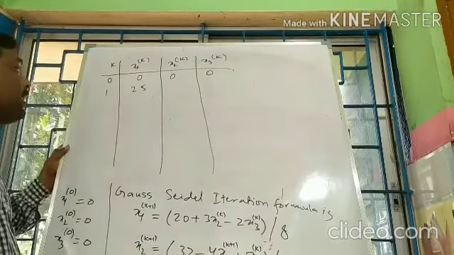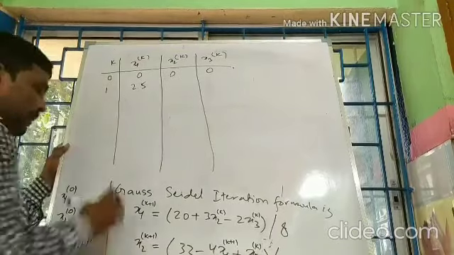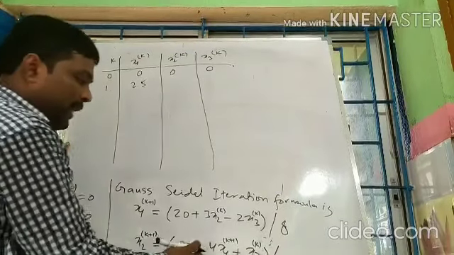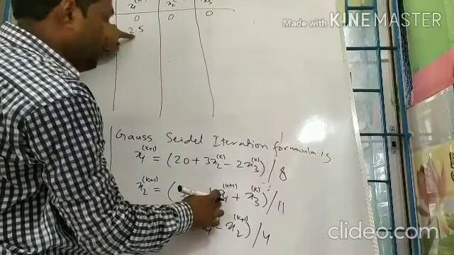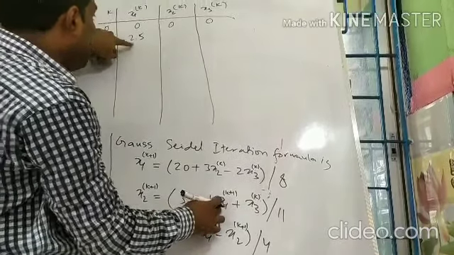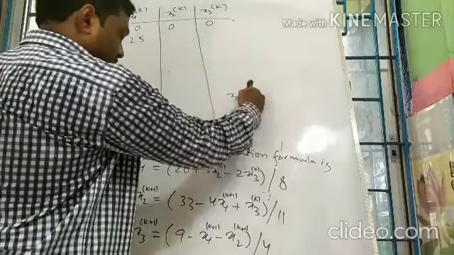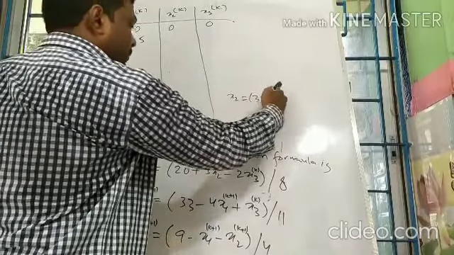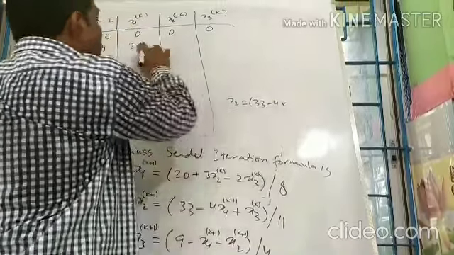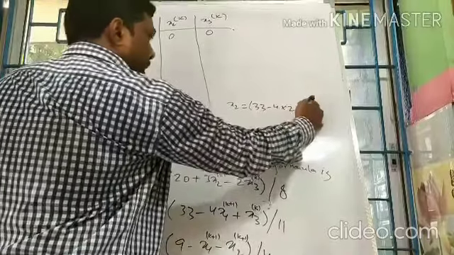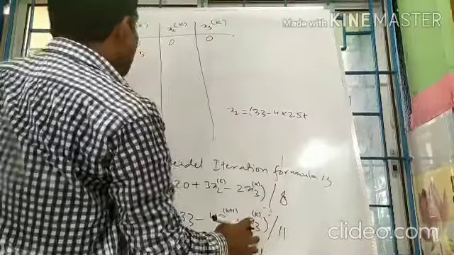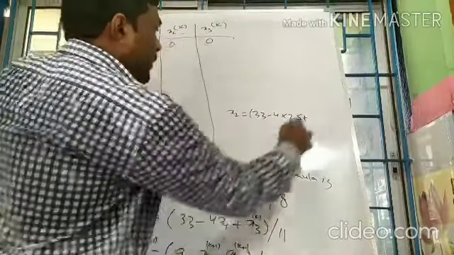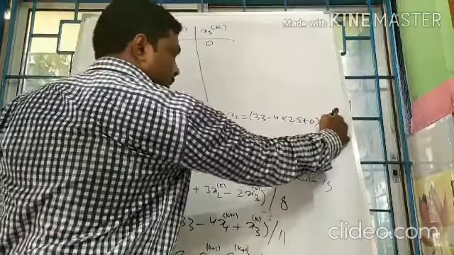Next, x2 equals 33 minus 4 times the present iterative value of x1, which is 2.5, plus x3, the previous iterative value of x3, that is 0, divided by 11.